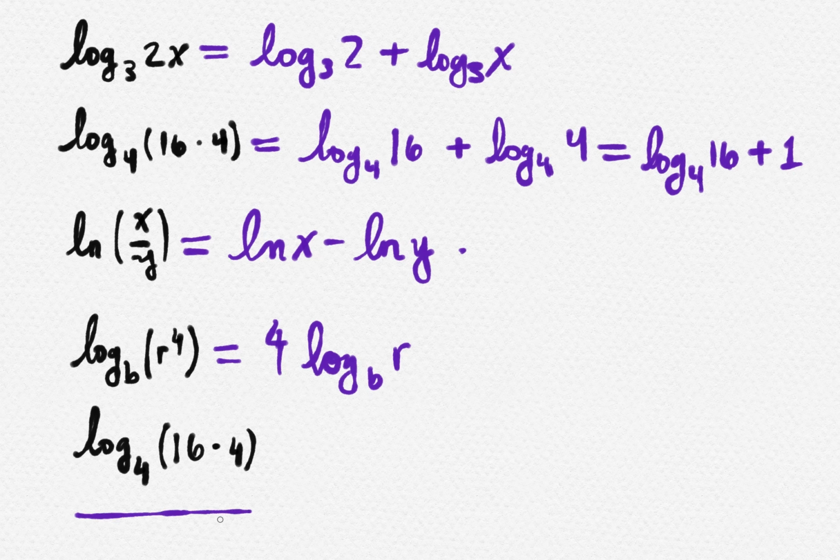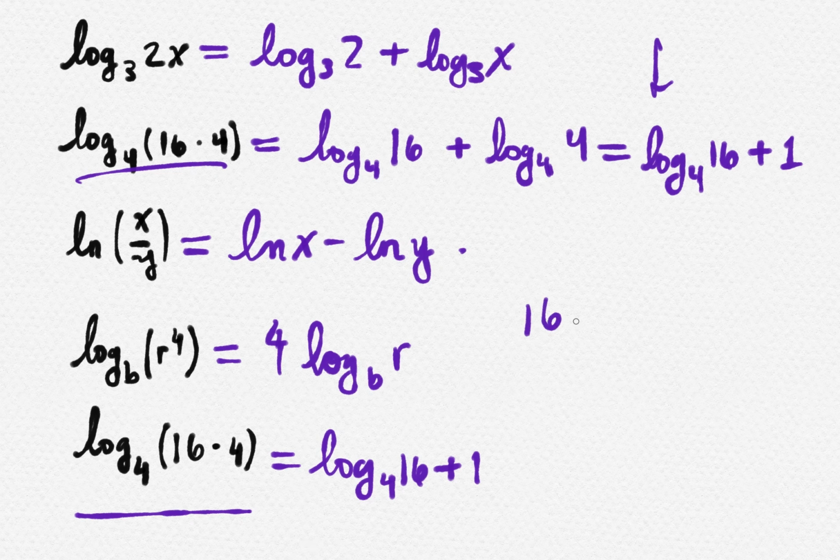Finally, we're going to revisit this problem from before, where we had the base 4 log of 16 times 4. So we already had, from up here, that this is the base 4 log of 16 plus 1. But we can take it a little bit further because 16 is equal to 4 squared.